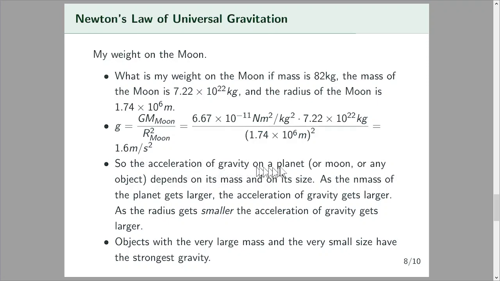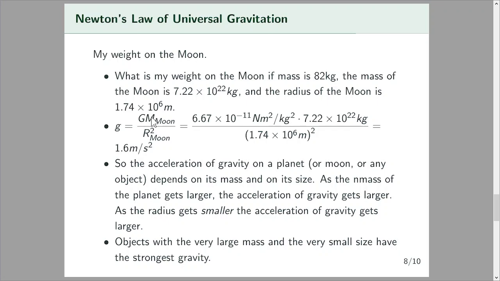So the acceleration of gravity on a planet or moon or any object depends on its mass in this term here and its size in the denominator. As the mass of the planet gets larger, the acceleration of gravity gets larger. As the radius of the planet gets smaller, the acceleration of gravity gets larger.